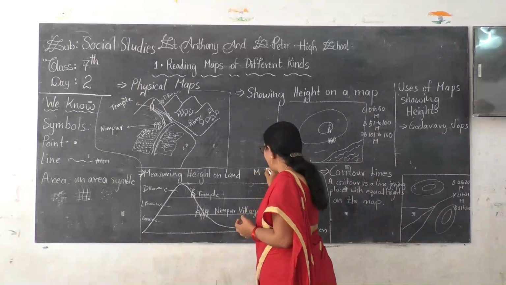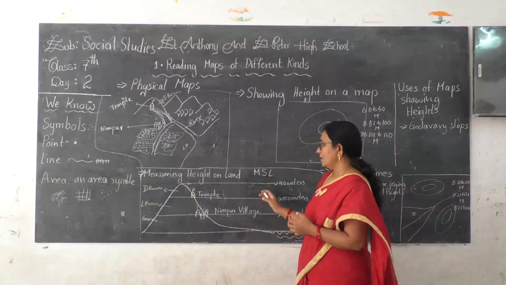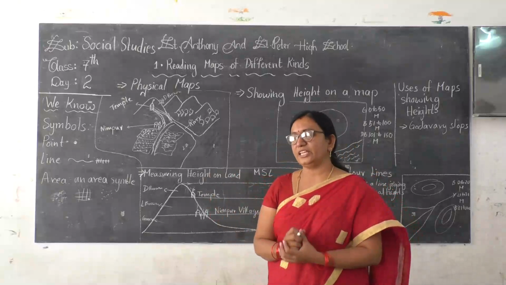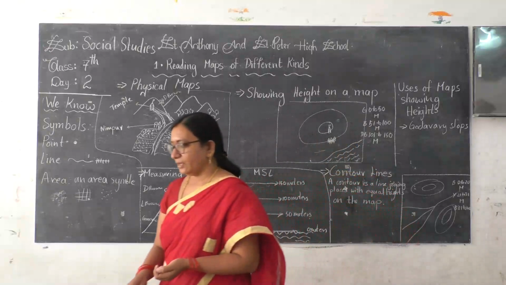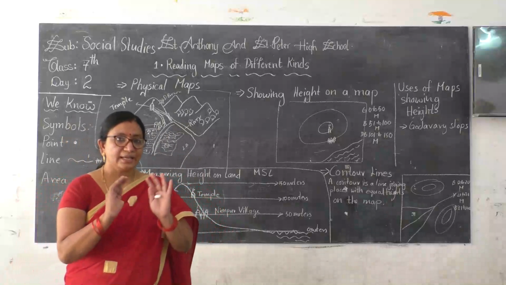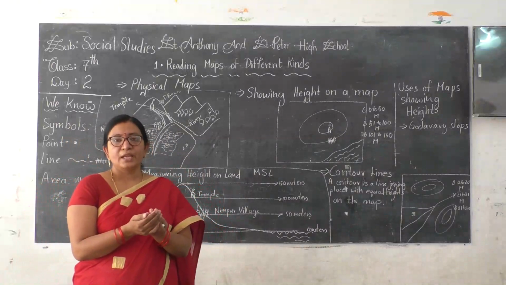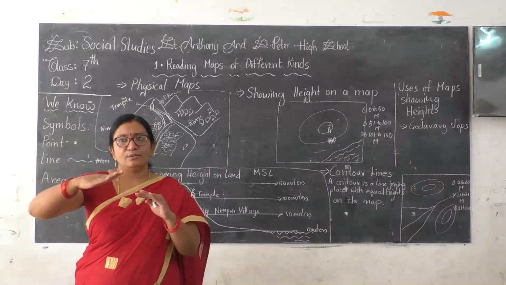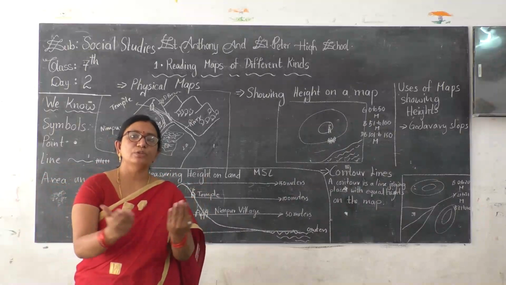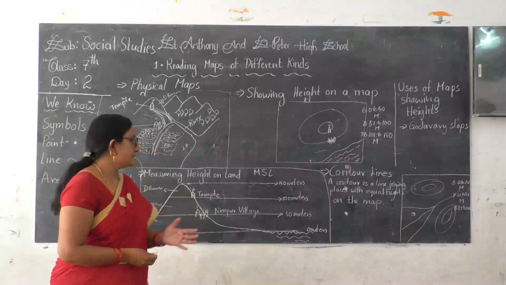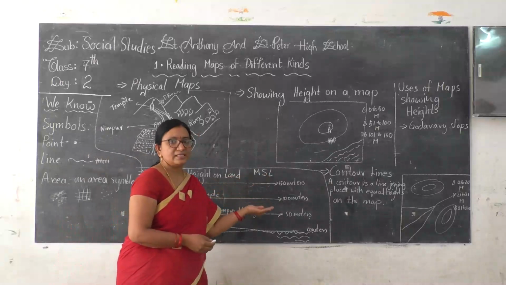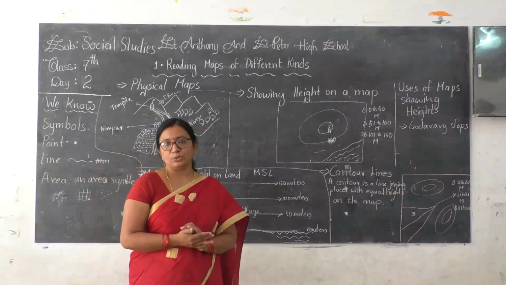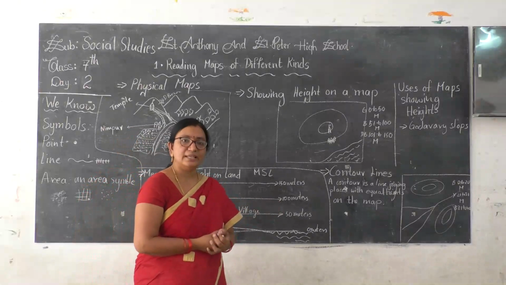It is observed that seas are connected with each other in the world map, and they have the same measurement throughout the world. So they started considering mean sea level as 0, and it is also measured with high tides and low tides, which we will learn at the end of the lesson.